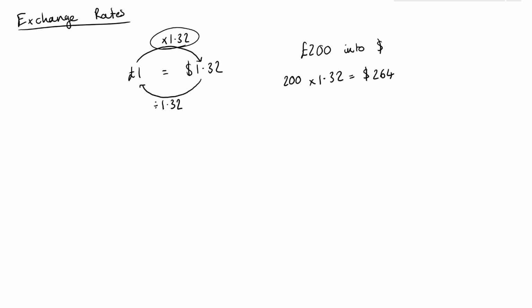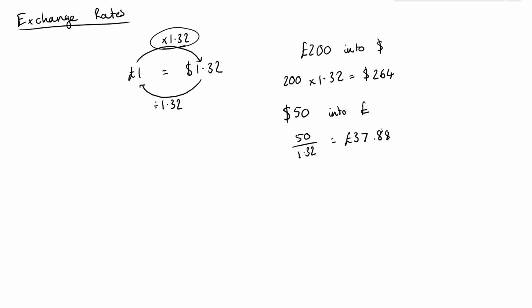We could do the same coming back. We might say that we want to put $50 into pounds, and all we would do is 50 divided by 1.32, and that would give you £37.88.